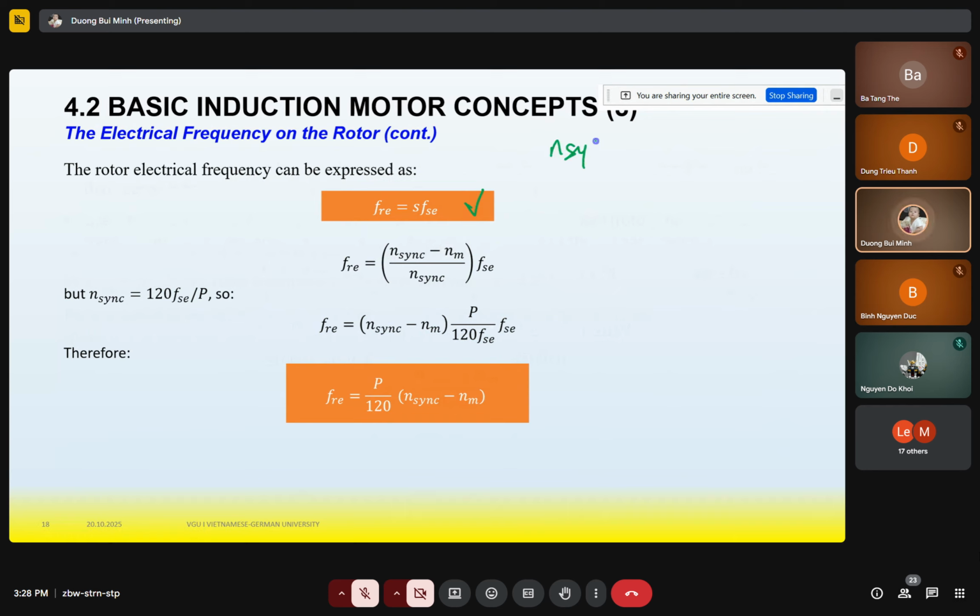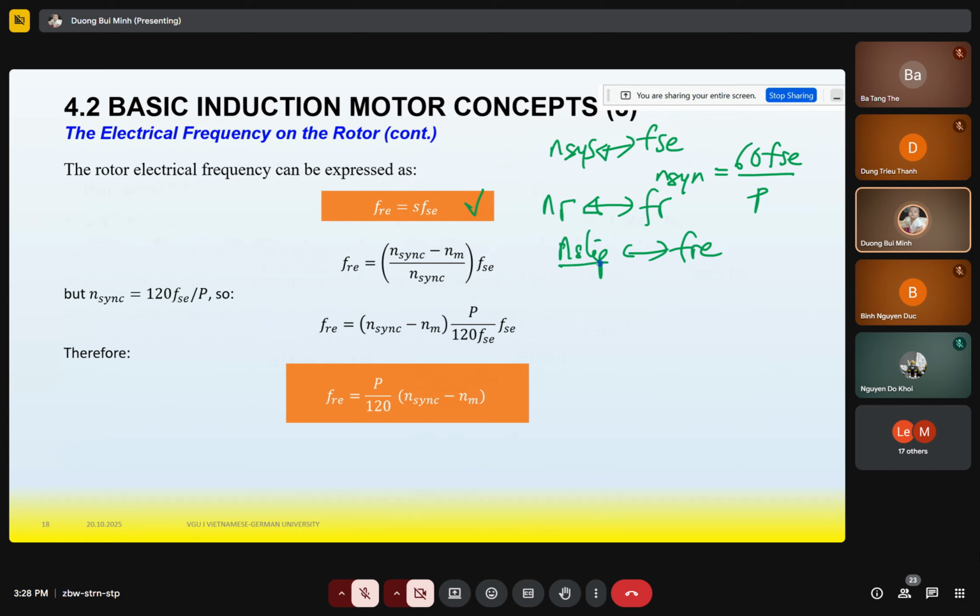I will demonstrate how we get this. N sync is equivalent to FSE, because N sync is 60 FSE over P. N slip is equivalent to FRE.